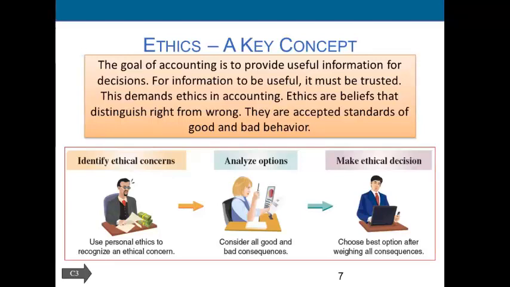But as with any rule book, there's always some gray area or something that was not anticipated or thought about. And so when those situations arise, you basically need to use the accounting rule book as a guide in helping you to cover that particular circumstance.